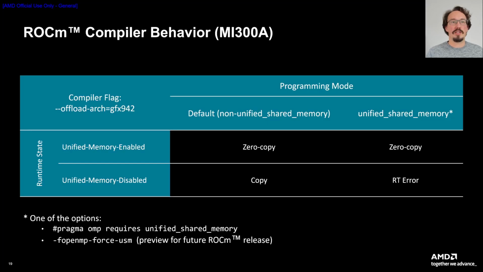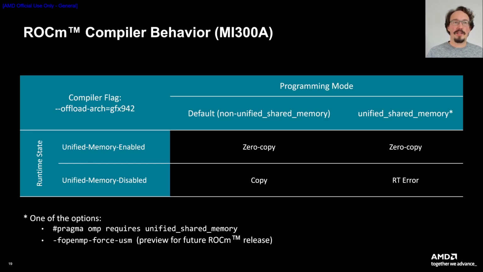This mode is thus also available on MI300A. Finally, since an application that uses the OpenMP Unified Shared Memory clause requires unified memory support, the runtime will diagnose the missing support, issue an error, and abort execution.